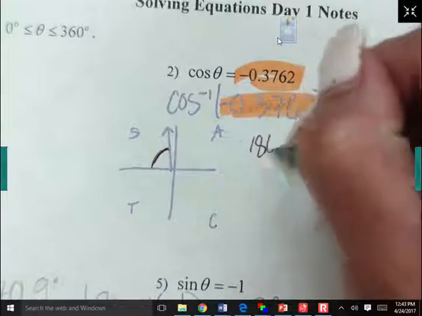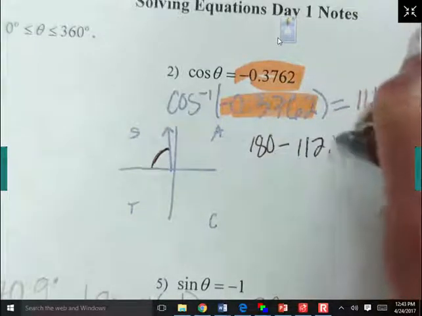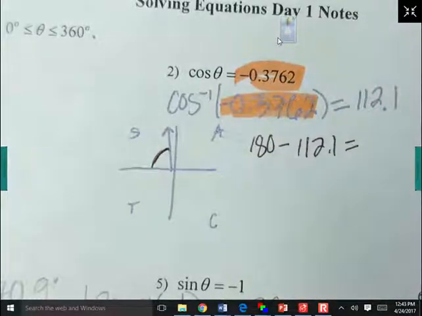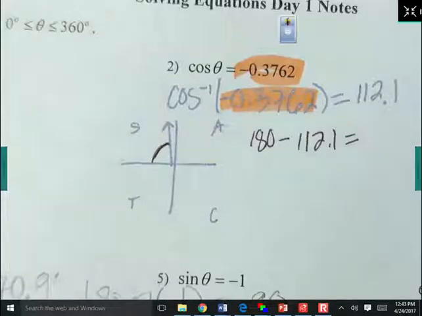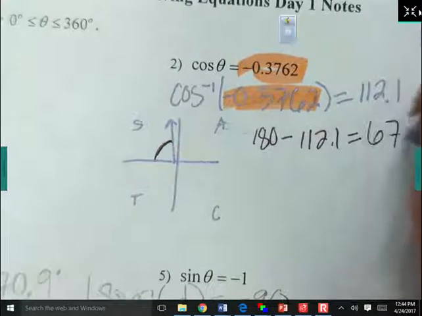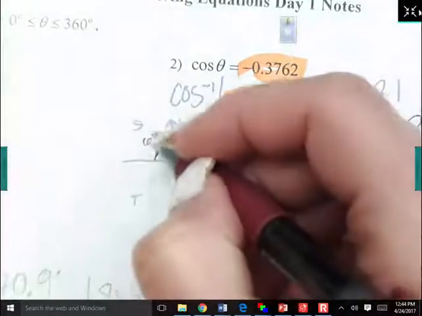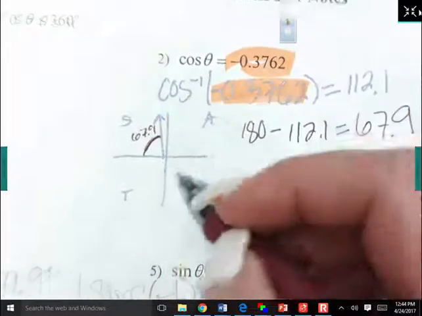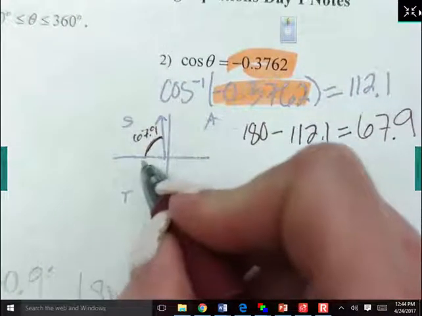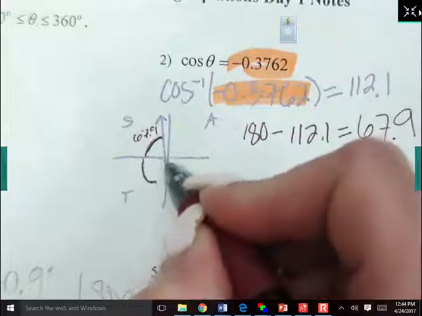Yeah, we can do 180 minus 112.1, and that gives us what? What does that give us? 67 point what? Okay, so this is 67.9, which means the reference angle in this third quadrant goes 67.9 degrees, right?